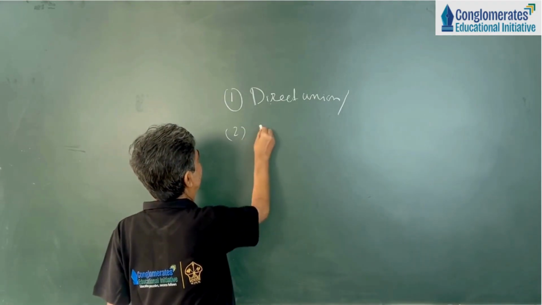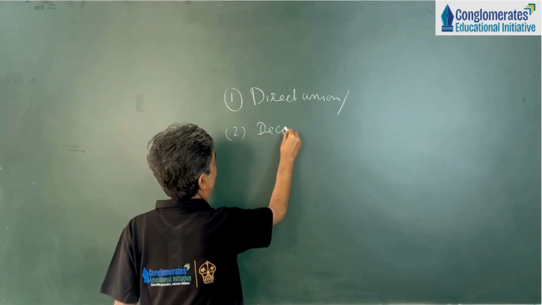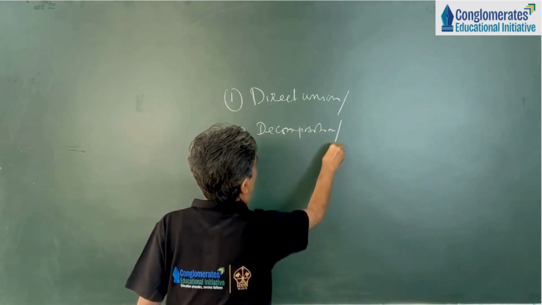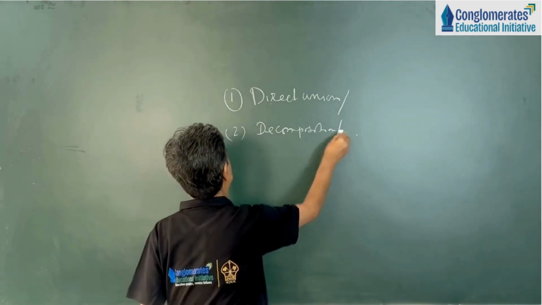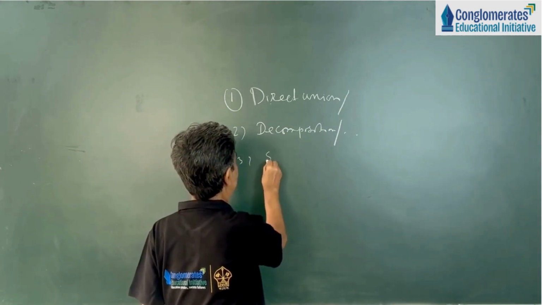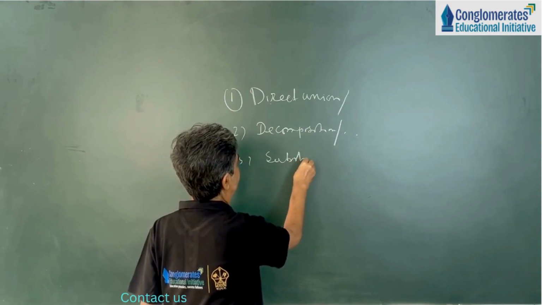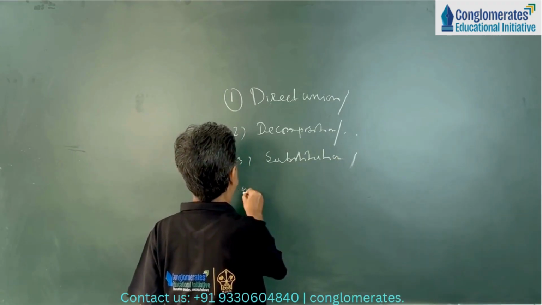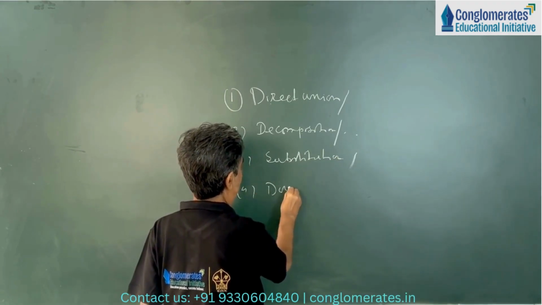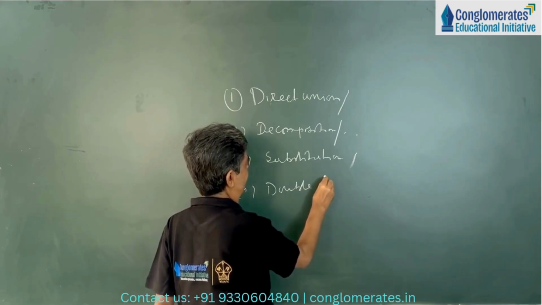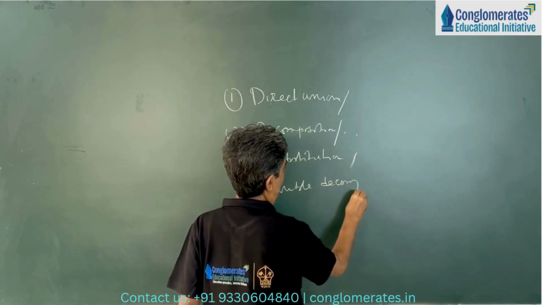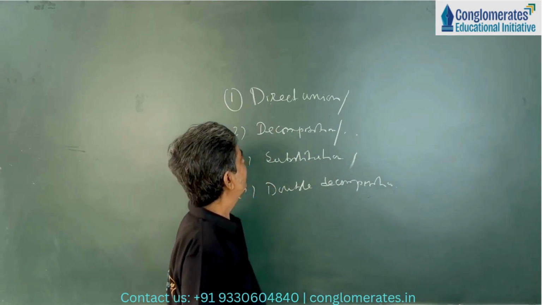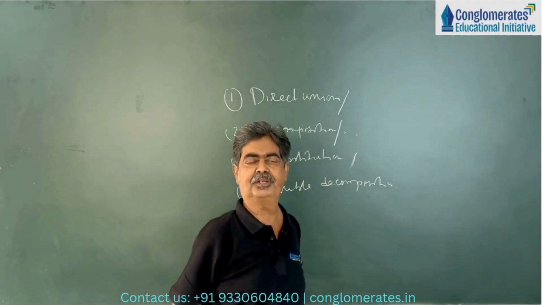Second, decomposition, or analysis. Third, substitution or displacement, and fourth, double decomposition. There are mainly four different types of chemical reactions I will teach today.